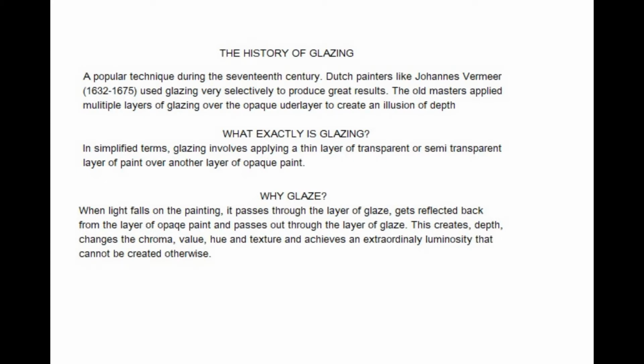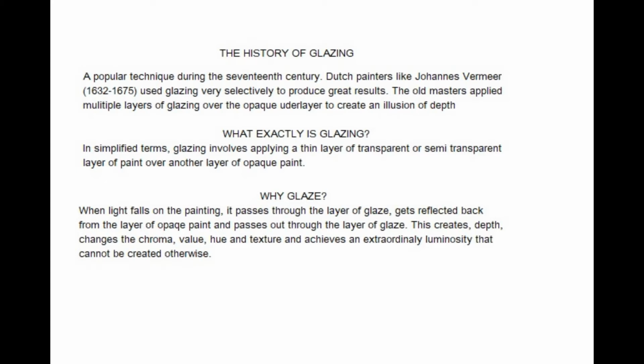When light falls on a painting, it passes through the layer of glaze, gets reflected back from the layer of opaque paint, and then passes out through the layer of glaze. So basically, light travels through the transparent or semi-transparent glaze, hits the opaque paint, then gets reflected out again through the glaze.